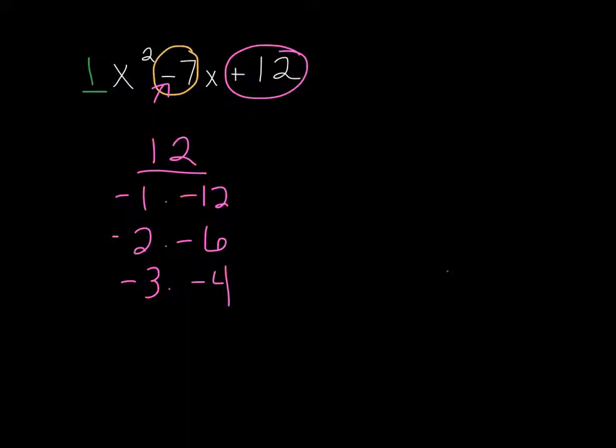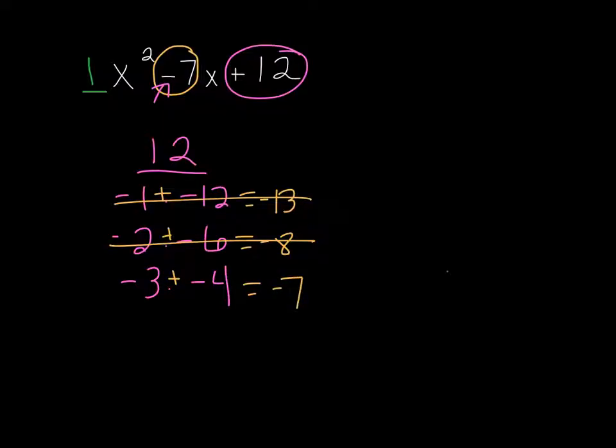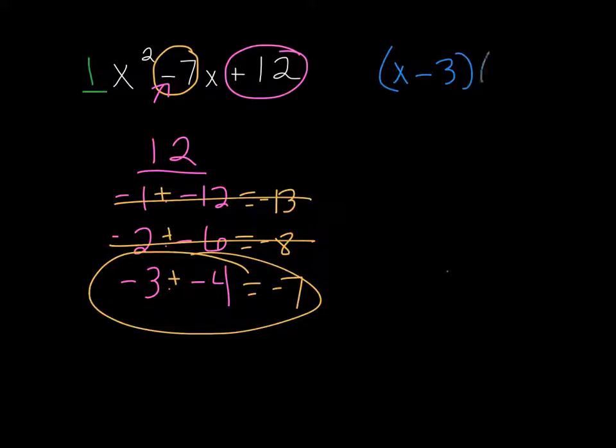Now let's see which ones we can add to equal negative 7. Negative 1 plus negative 12 is negative 13. That doesn't work. Negative 2 plus negative 6 is negative 8. That doesn't work. Negative 3 plus negative 4 is negative 7. That is our magic pair. So the two factors we're looking for are x minus 3 and x minus 4.